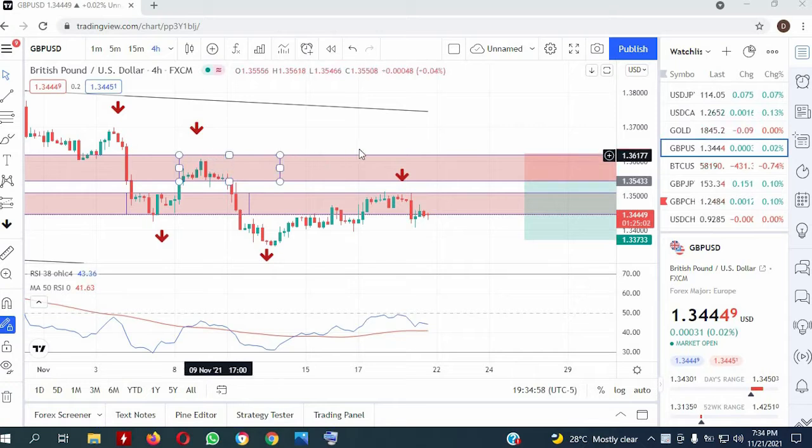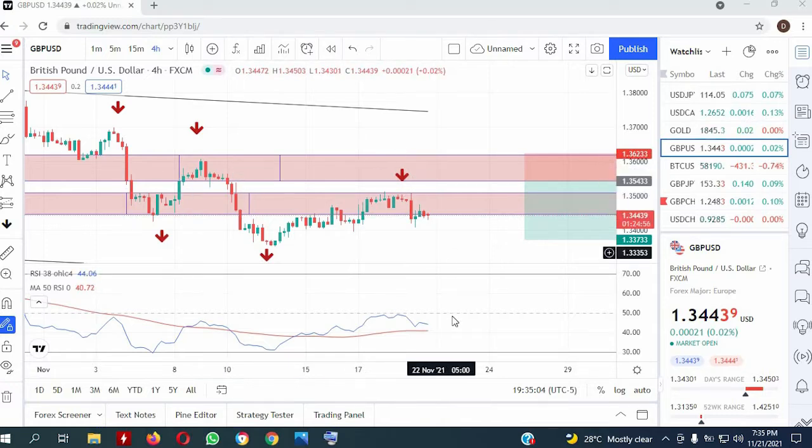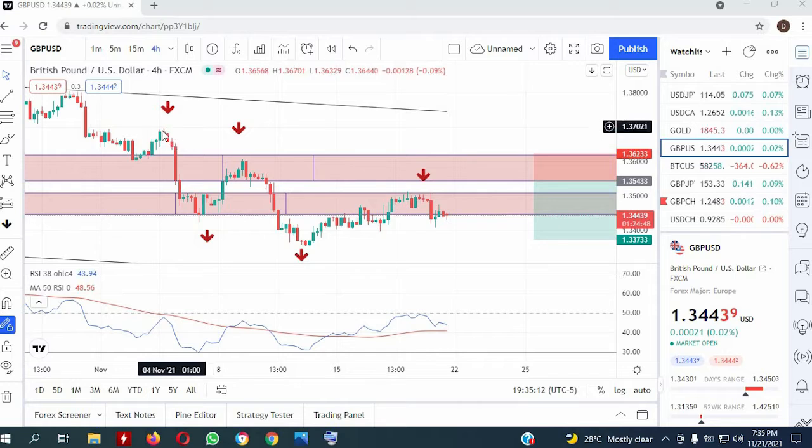If it fails to break through this area, it will push further down and take out this lower low. However, if it breaks through this area, it will come back to this lower high. So that's it for the GBP USD.